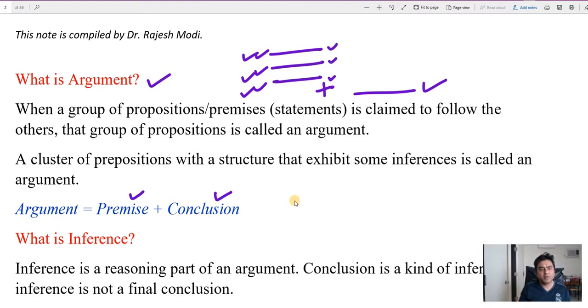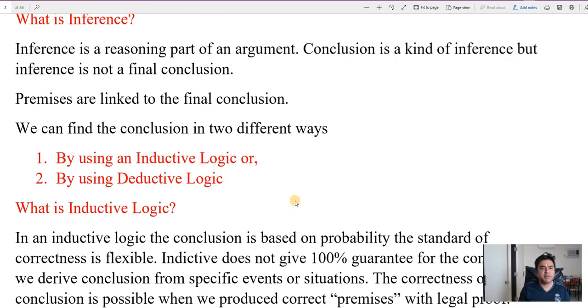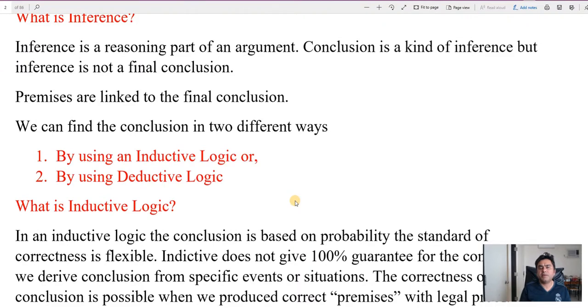What are inferences? Inference is the reasoning part of the argument. For example, when you are arranging one statement with another statement with some logical connection, from that you are going to take an inference. That is called inference. Premises are linked to the final conclusion.